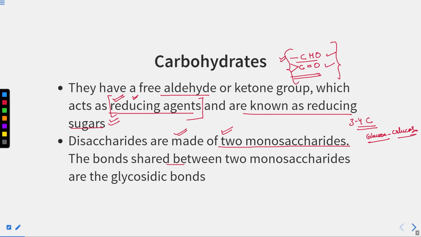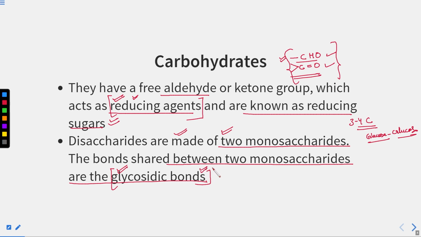The bond shared between the two monosaccharides is the glycosidic bond. This is very, very important from the examination point of view. Many times it has been asked what type of bond is there in a disaccharide. That is the glycosidic bond.